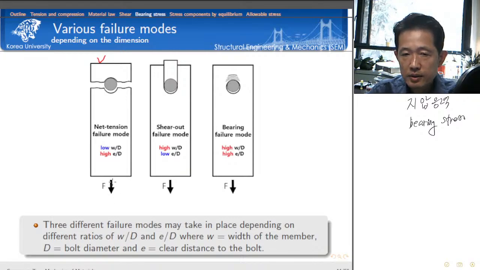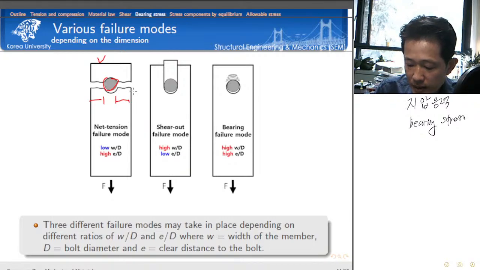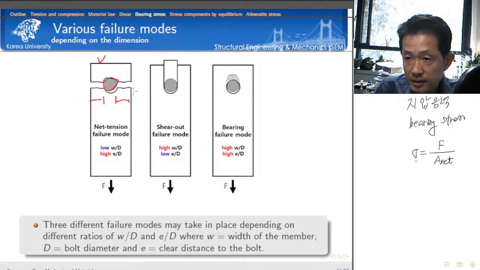The first one: we have a hole here, and this is the net area. If you calculate the average stress using the net area, force divided by the net area, then you can calculate the tensile stress.